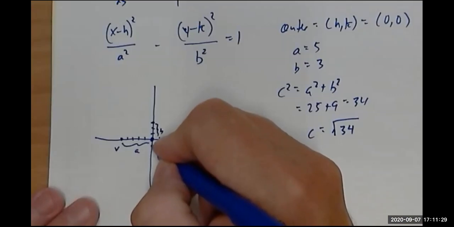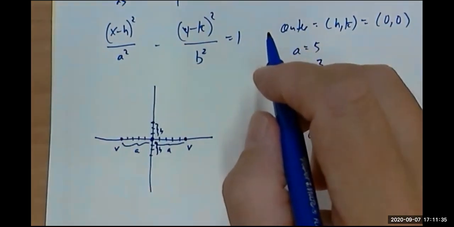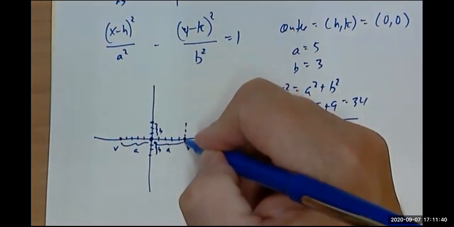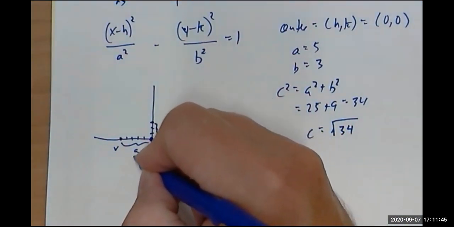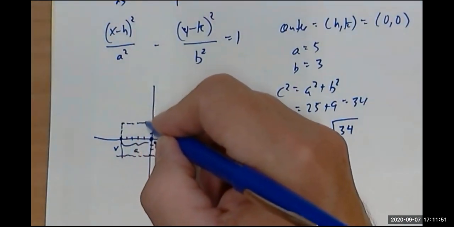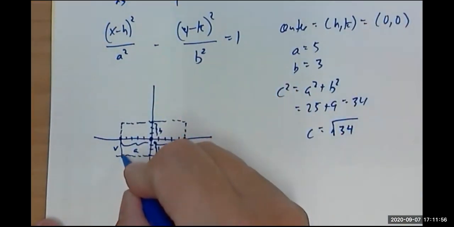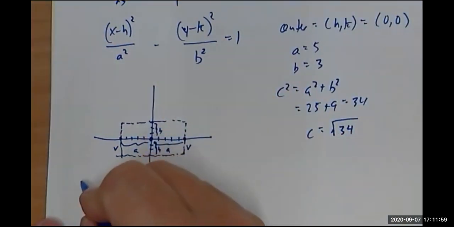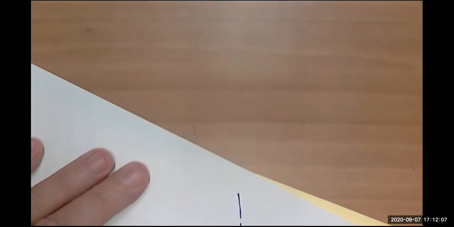So this is the distance B. Then what you do is, with these 4 points here, you basically draw, it's almost always a rectangular box that connects these 4 points, and then you draw diagonal lines that go through the corners, the center, and the corners of the box.